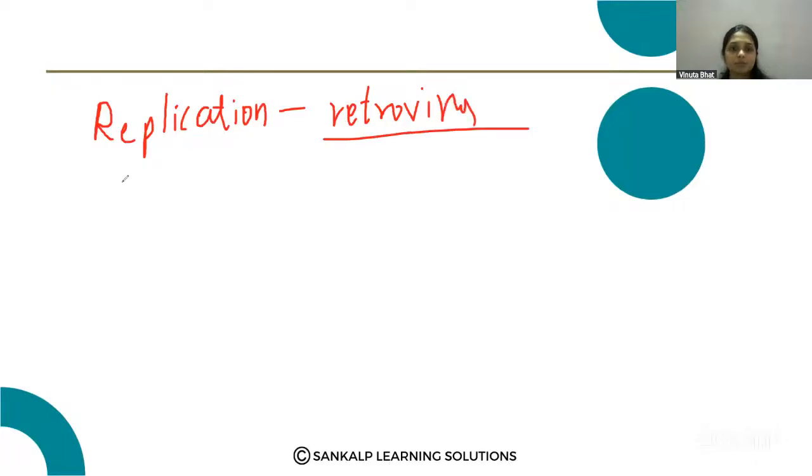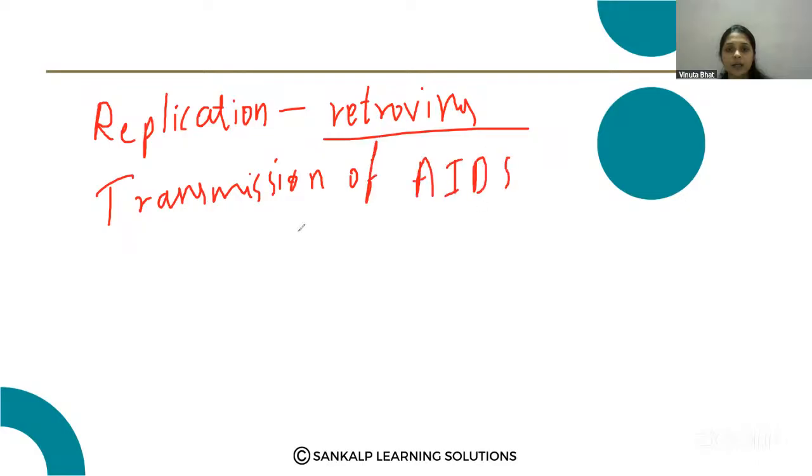Then prevention of AIDS and causes of AIDS, and transmission of AIDS. And cancer: types of cancer, how to detect cancer, and what diagnosis and treatment methods we use to cure cancer. All these are very important.